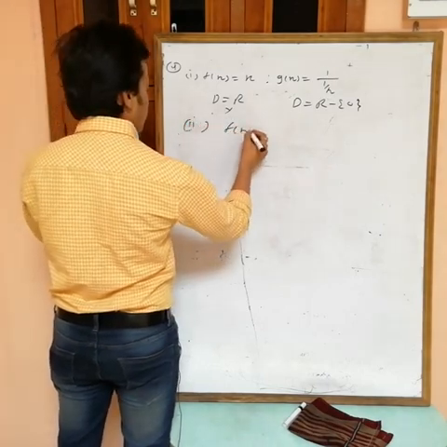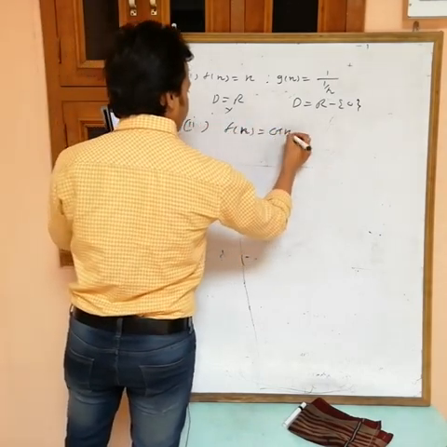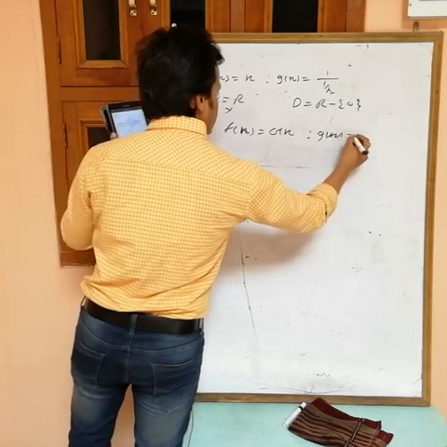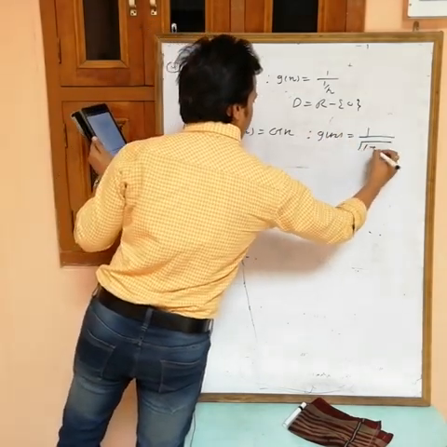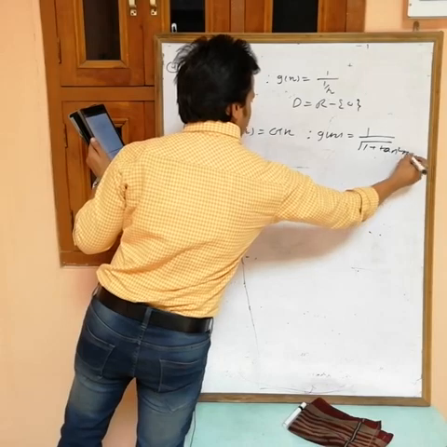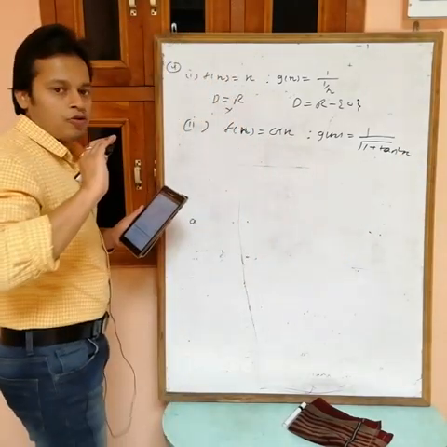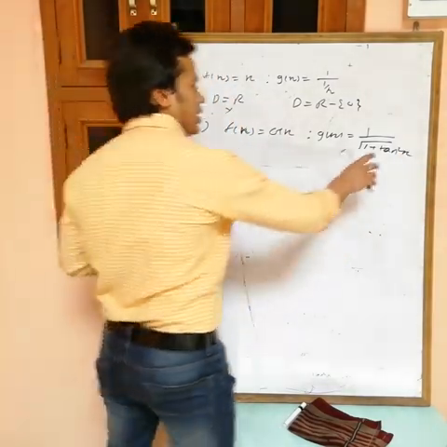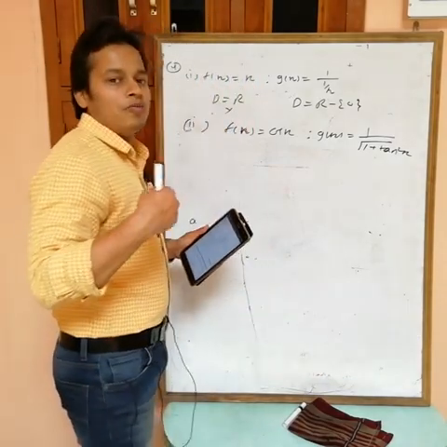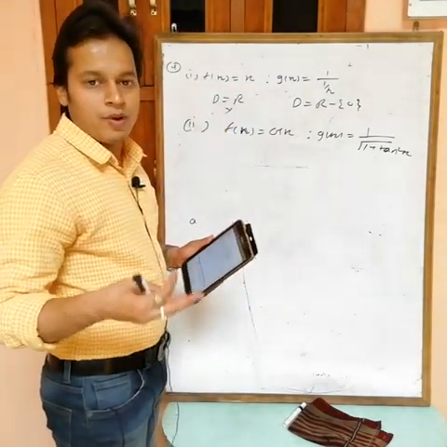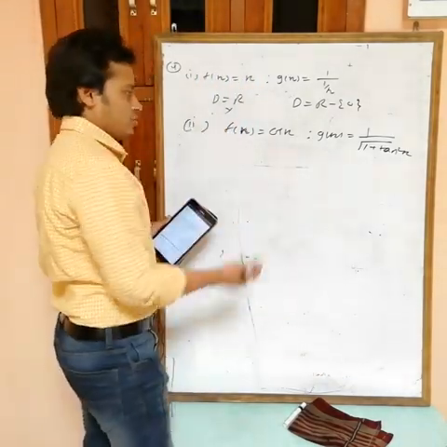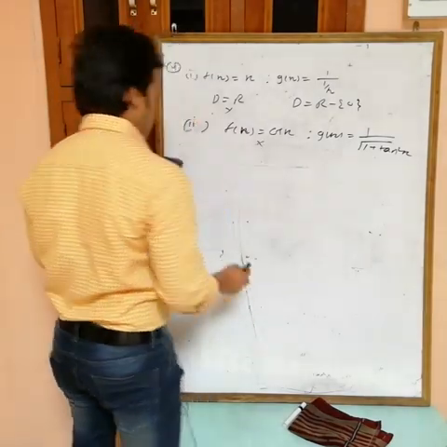Second one is f(x) equals cos x and g(x) equals 1 by root 1 plus tan square x. Cos x is defined for all x belongs to R, but tan x is not defined at odd multiples of pi by 2, at pi by 2, 3 pi by 2, 5 pi by 2. So the domain is not the same, so these are also not identical.